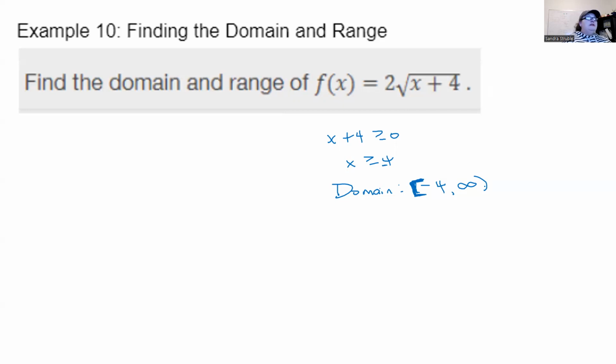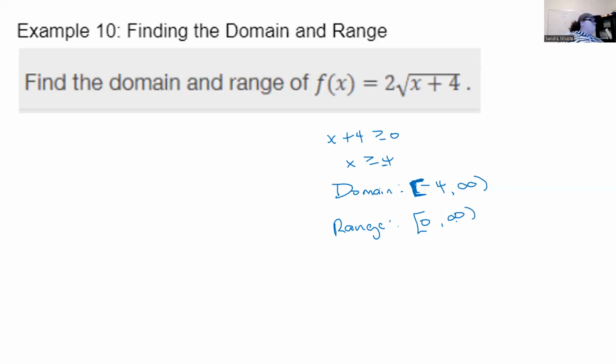Can I get 0 as an answer? I can if I plug in -4 for x, because -4 plus 4 is going to give me 0. Square root of 0 is 0, times 2 is 0. So my range is going to be from 0, including 0, to +infinity.